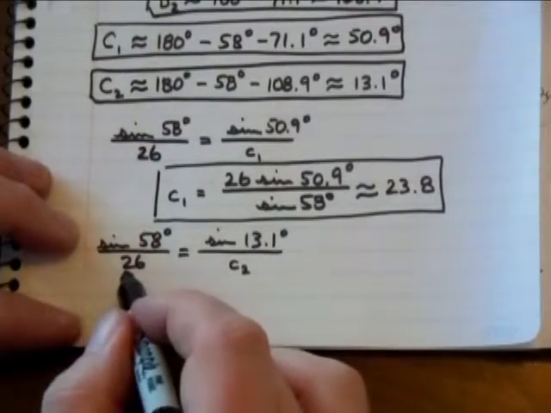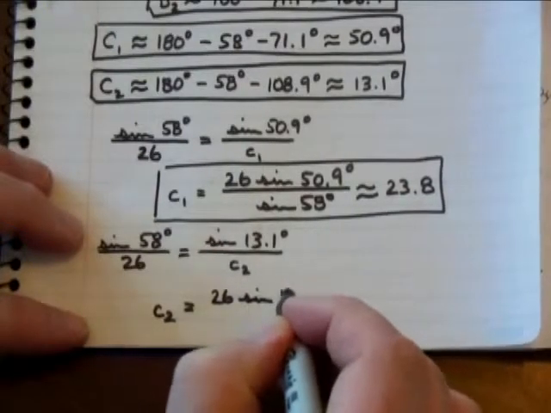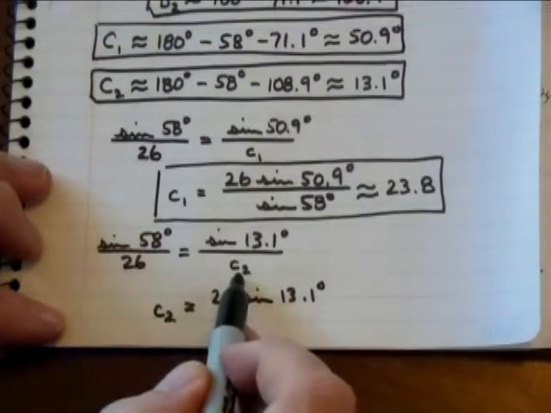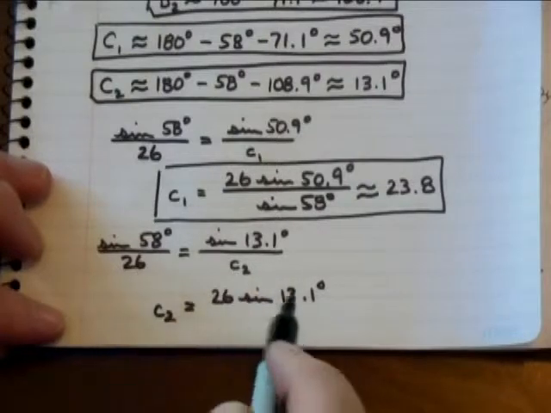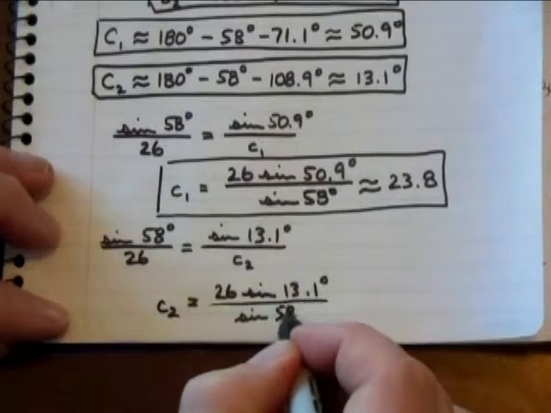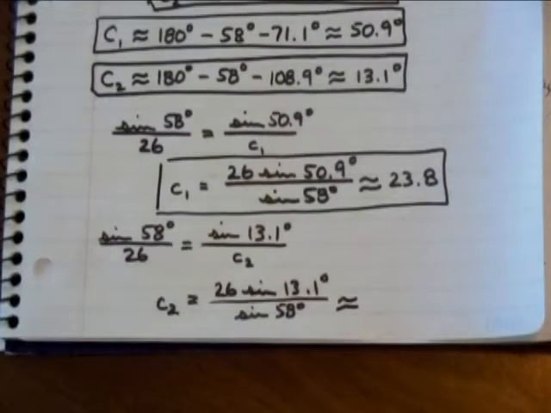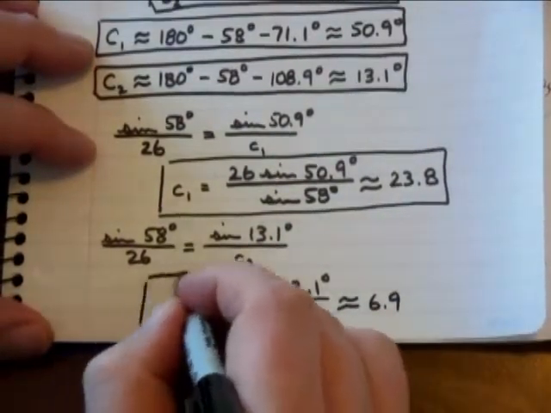So we cross multiply, which will put 26 times sine of 13.1 on one side and sine of 58 degrees times C2 on the other side, but we don't want that sine of 58 hanging with our C2, so we'll divide it over to the opposite side. Then plug that result into your calculator. So in this particular case, we should find that side C2 is approximately 6.9 units in length.